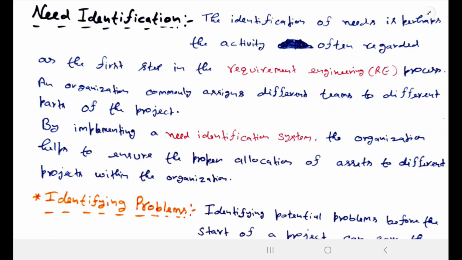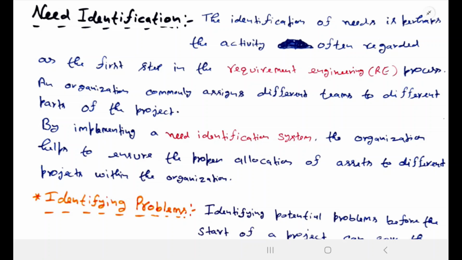like the identification of needs, the activity often regarded as the first step in the requirement engineering process. Requirement engineering process means in this step we will clearly define what we have to do.